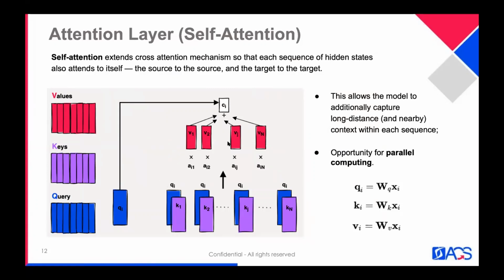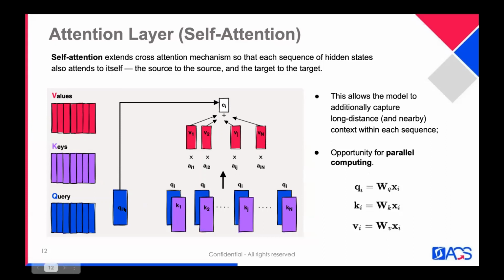The only difference is that now the query is the vector we are considering, source or target, and we need to multiply by some projection matrices, and then it's exactly the same.